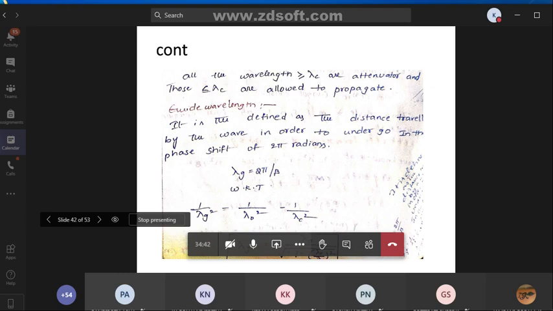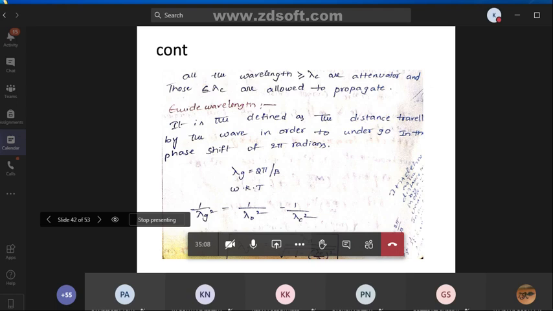So how much distance is travelled by the wave to get the phase shift of 2 pi radians? That is decided with the guide wavelength. So guide wavelength can be written as 2 pi by beta, right?